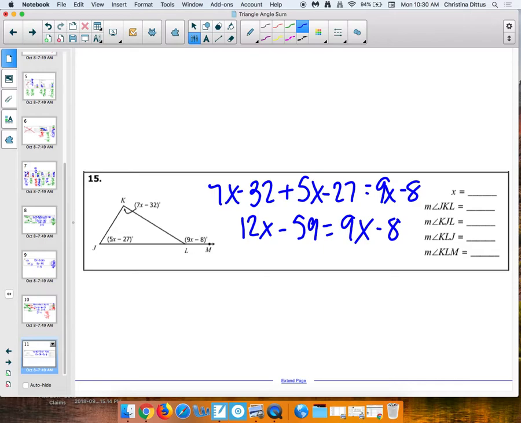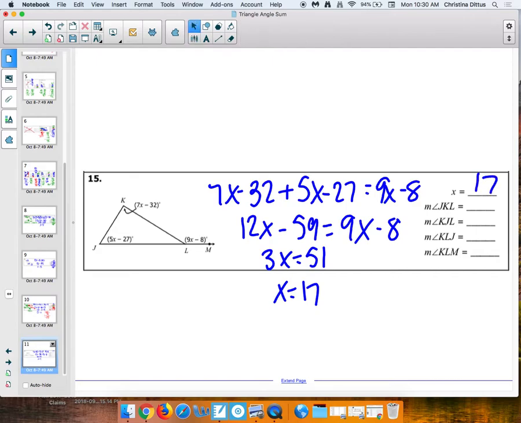Subtract your 9x, we get 3x. Add your 49 to your negative 8, and we get 51. Which makes x how much? 17.